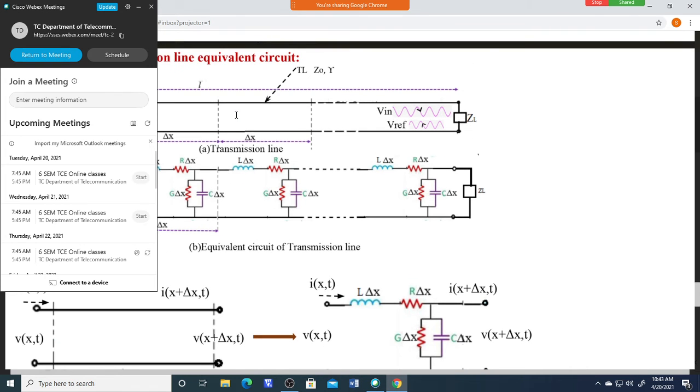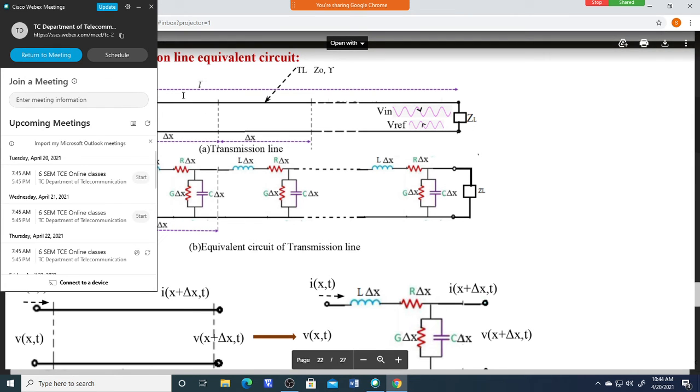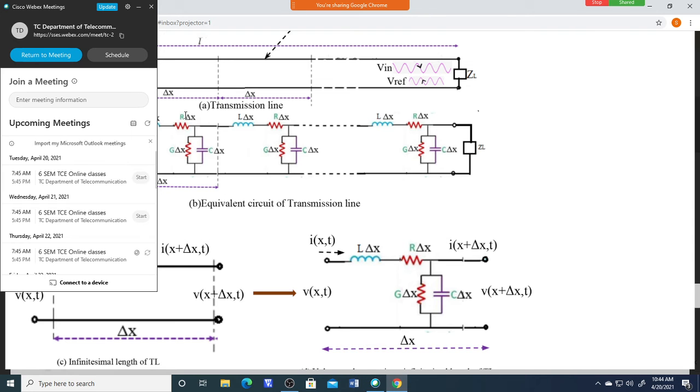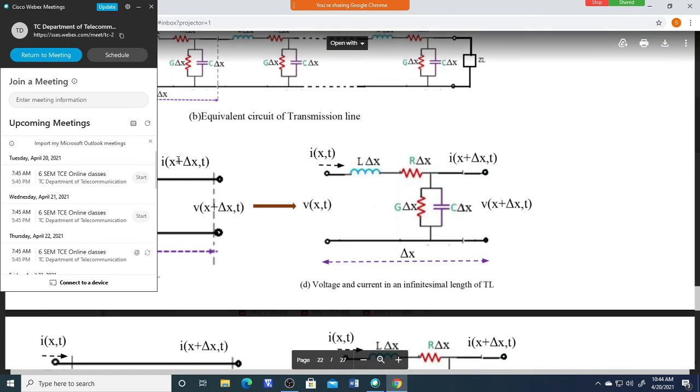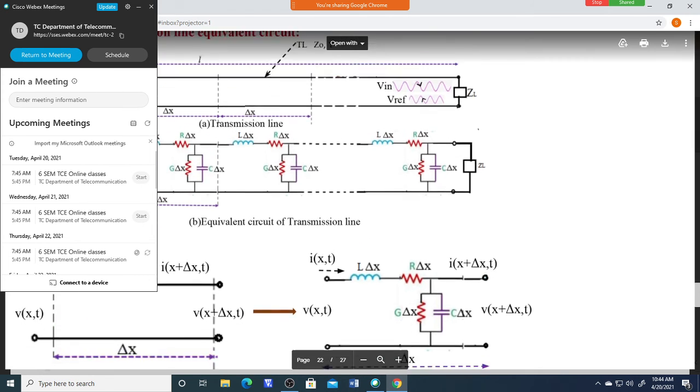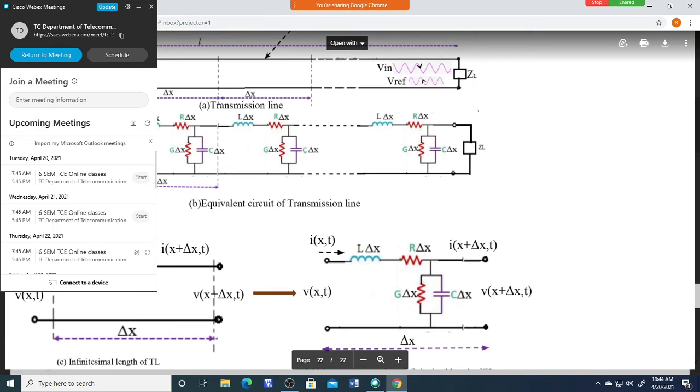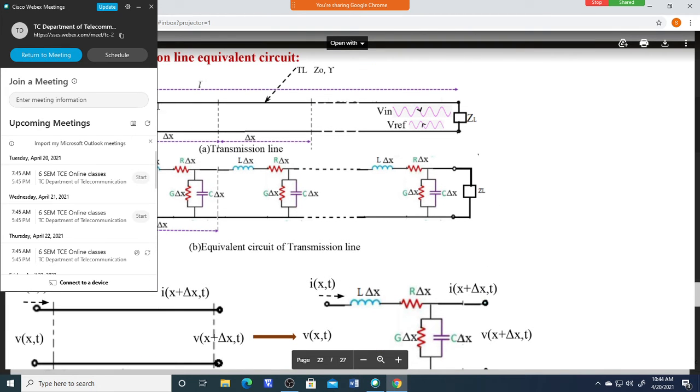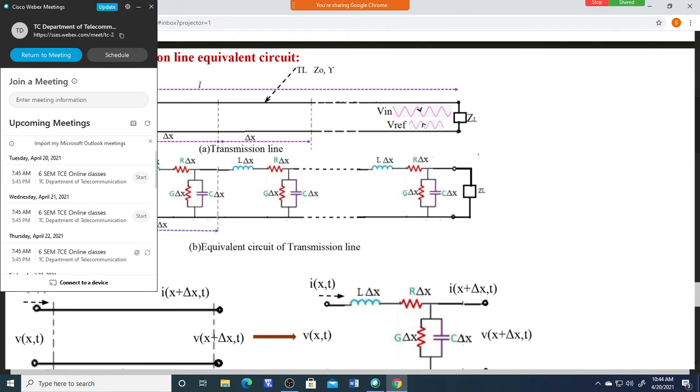To derive that equation, we will be taking a small section of the transmission line. This is a small section of the transmission line, and its equivalent circuit is like this, that we saw here. We are applying a signal here, the signal enters here, to the delta x, and it passes through this and comes out here.